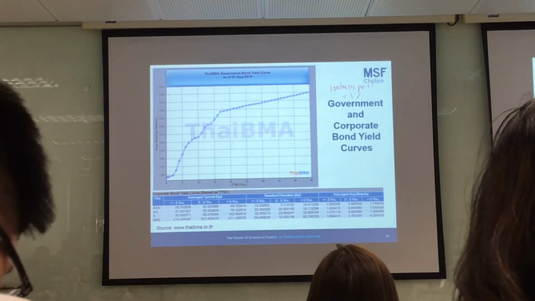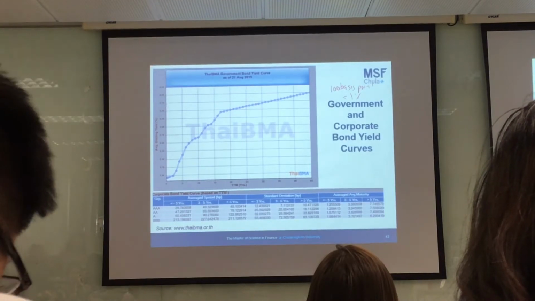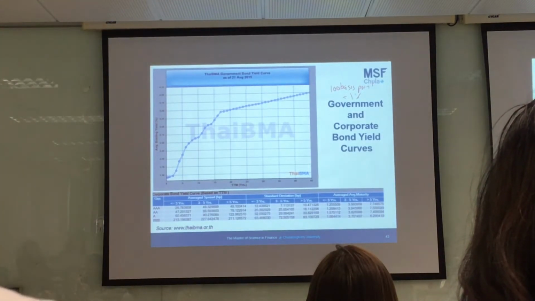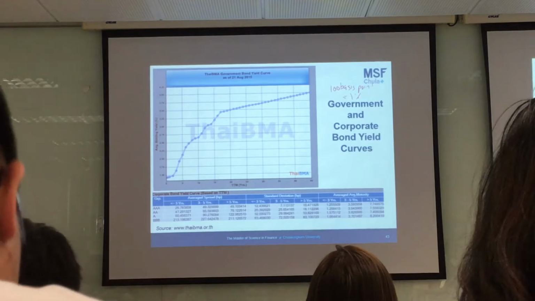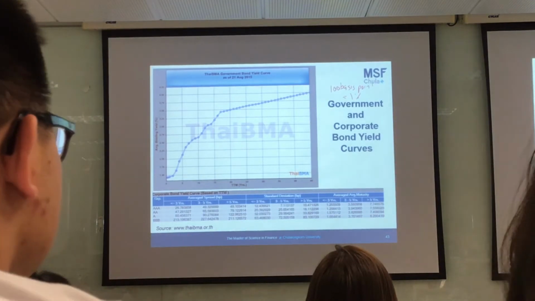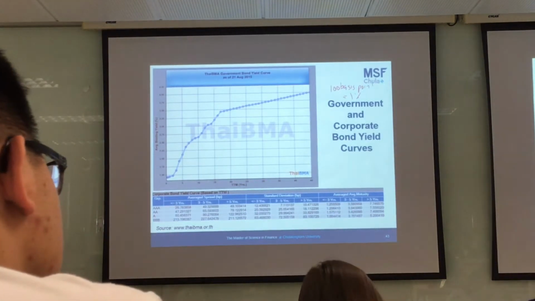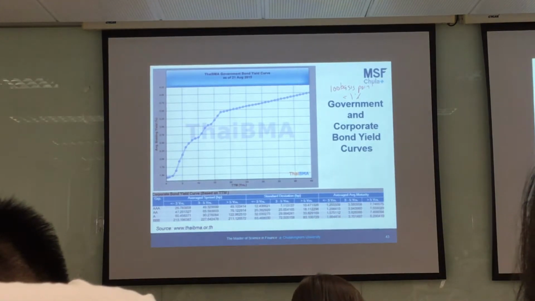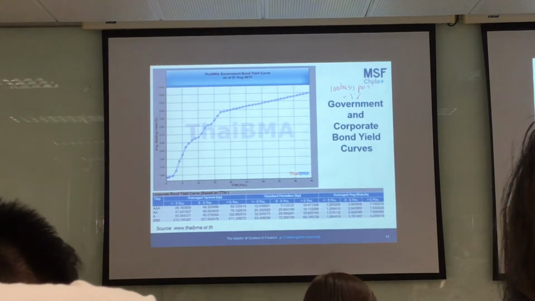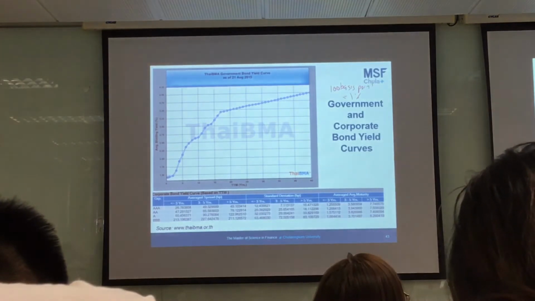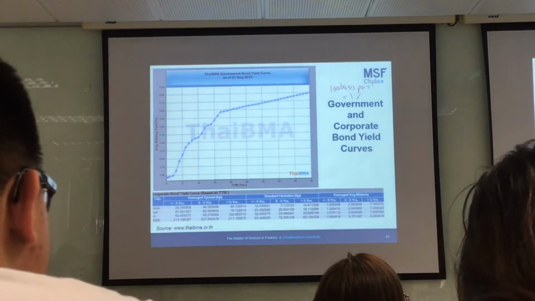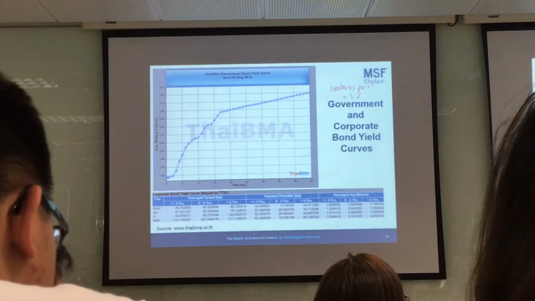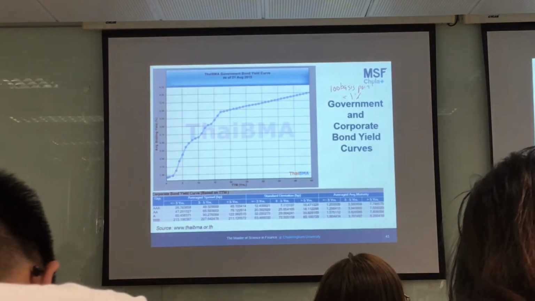Suppose a 5-year government bond has a yield of around 2.1%. So for an AAA bond with maturity around 3 to 5 years, the required rate of return would be 50 basis points or 0.5% above this, right? So the AAA bond would provide a yield about 50 basis points more than the government bond, okay?